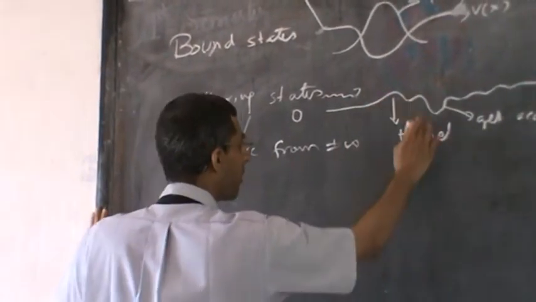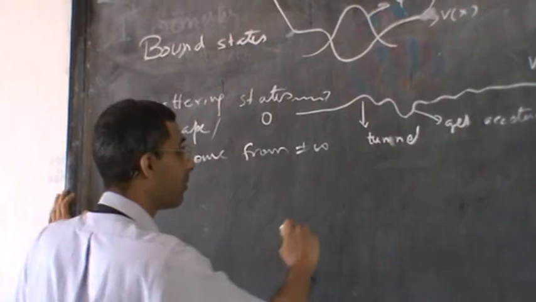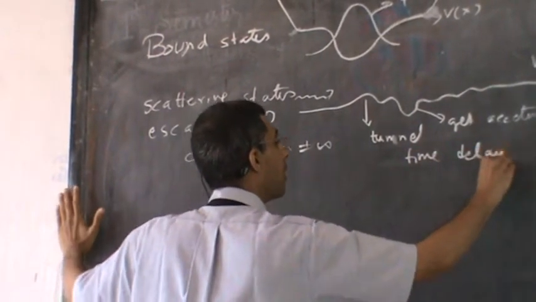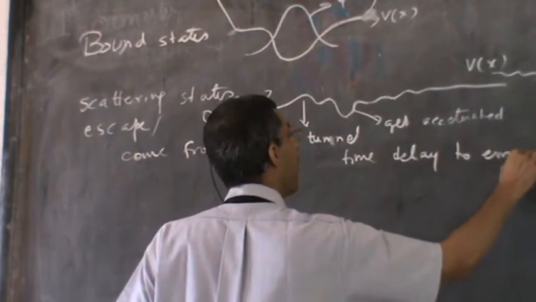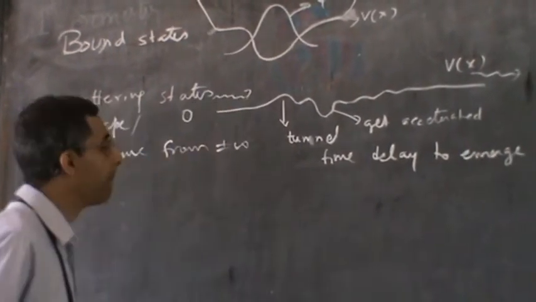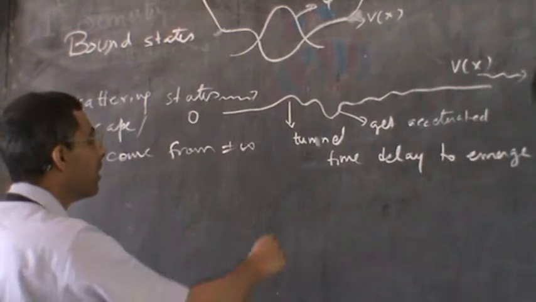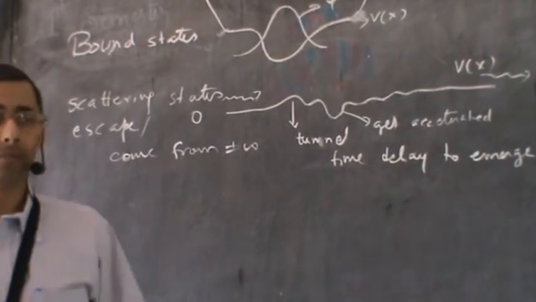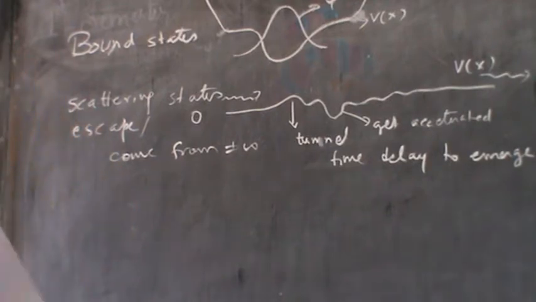If there's a slight barrier, you might even have tunneling across the barrier, with a time delay to emerge. If you have a little well over there, the particle can even get trapped for some time, like a comet.